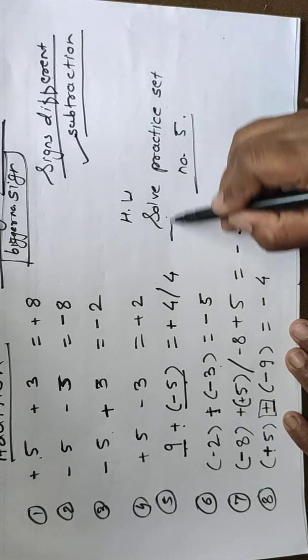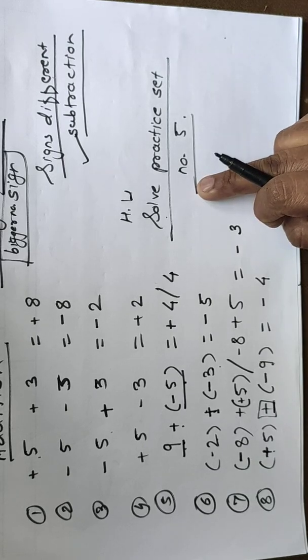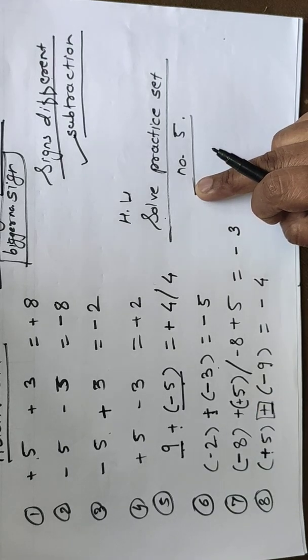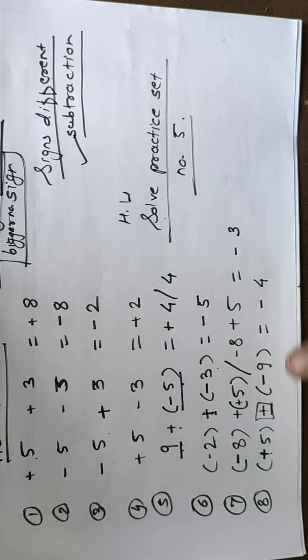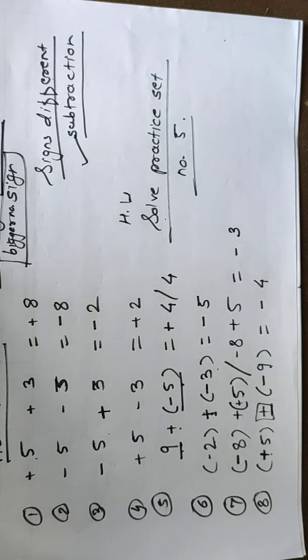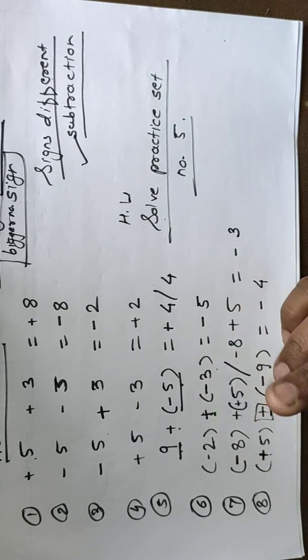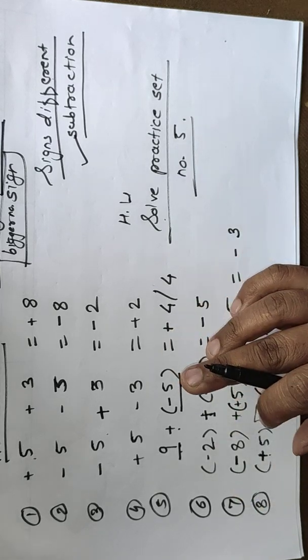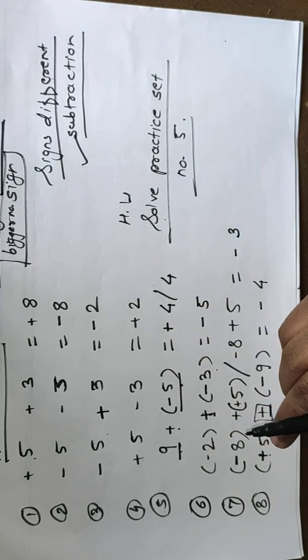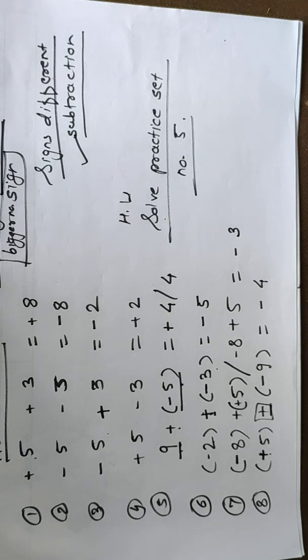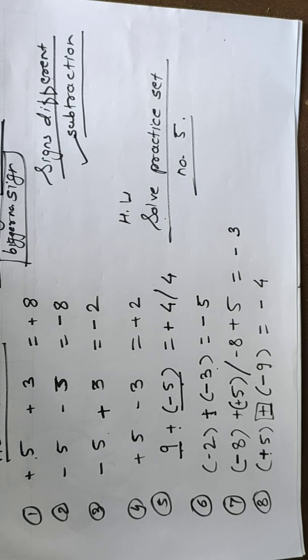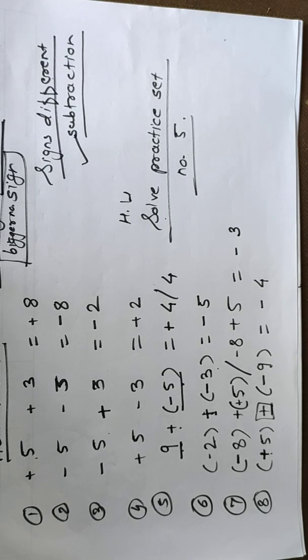And with this you have to take your own numbers, negative and positive numbers, and do the addition of those integers and practice well, because this addition and subtraction of integers is very useful in the next standard. Okay, so today we will stop here only. Do the practice of all these examples. Okay, thank you.